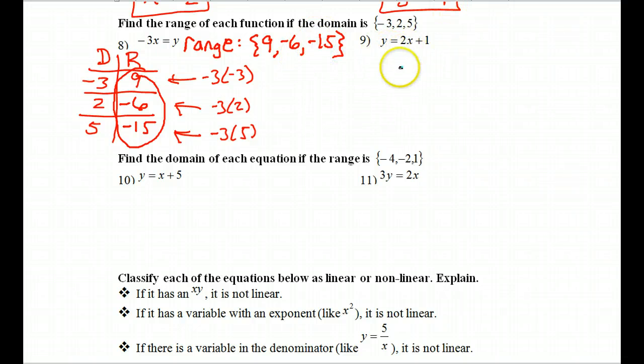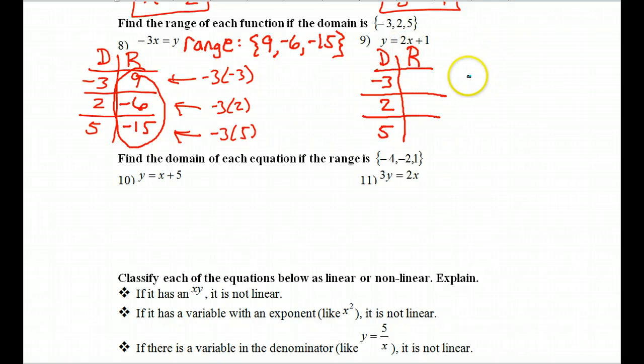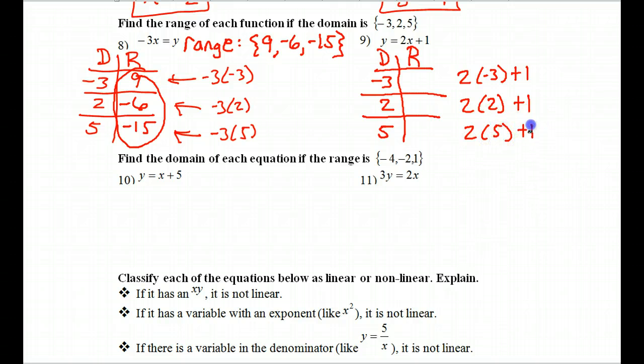Okay, same thing for this one. Just making a table of values, domain and range. We're told that the domain is -3, 2, and 5. So the range, well, y is 2 times the x value plus 1. So this would be 2 times -3 plus 1, this will be 2 times 2 plus 1, and this will be 2 times 5 plus 1.